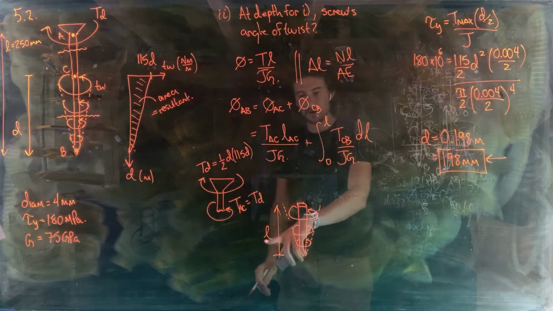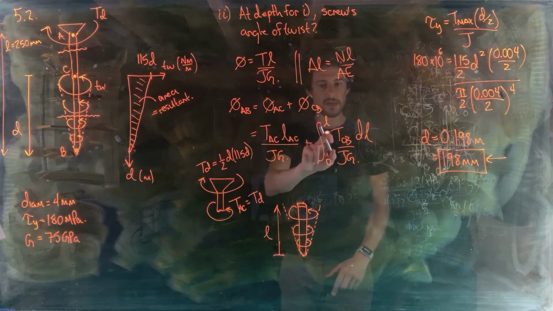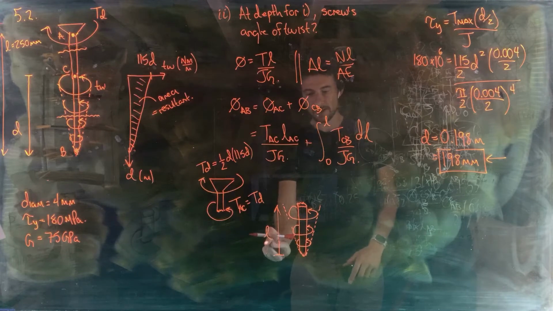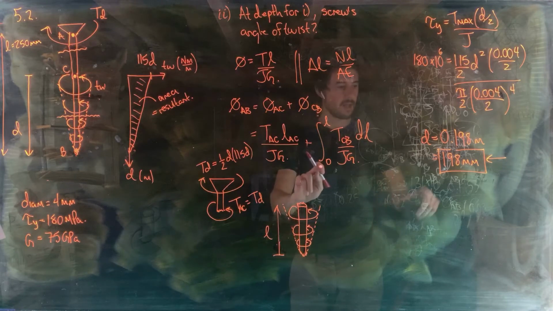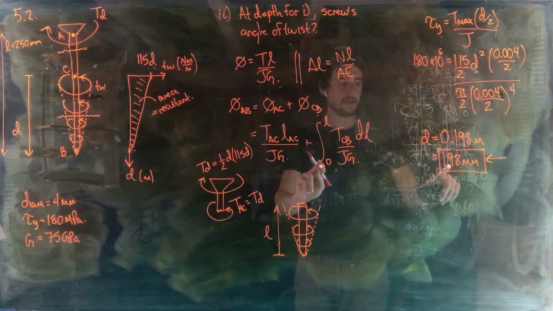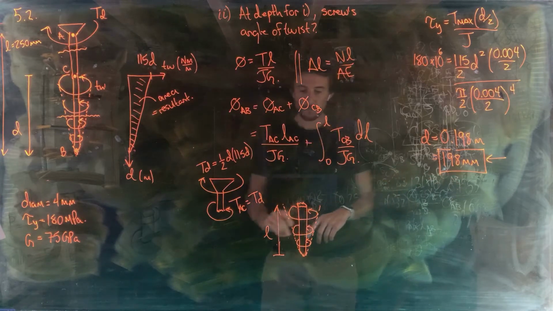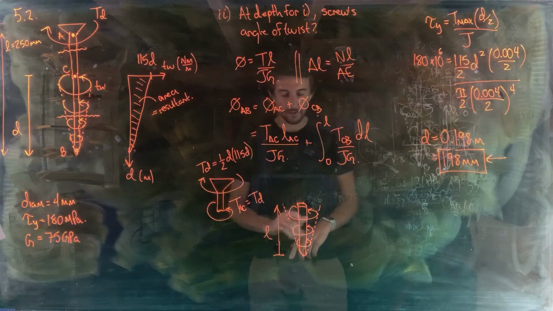So that's our variable L when we conduct the integral. So we integrate from 0 to L, where here's our variable L, and L is going to end up being a maximum of 198 millimeters when we fill it in for our limit for our integral there.